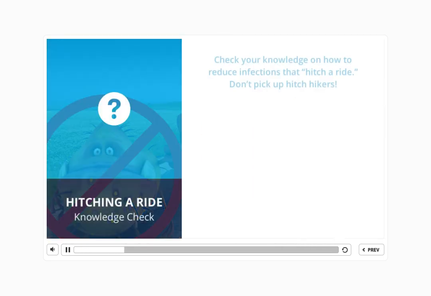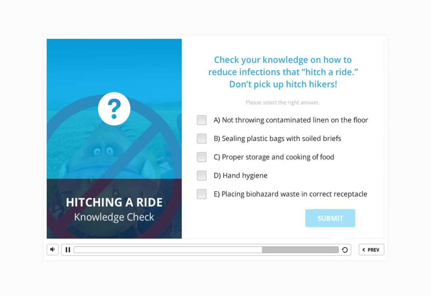Hitching a ride is a common way for pathogens to move from one place to another. You may not be able to control that pathogens are on or in something, but you can stop the journey. Consider this list and click all that apply.